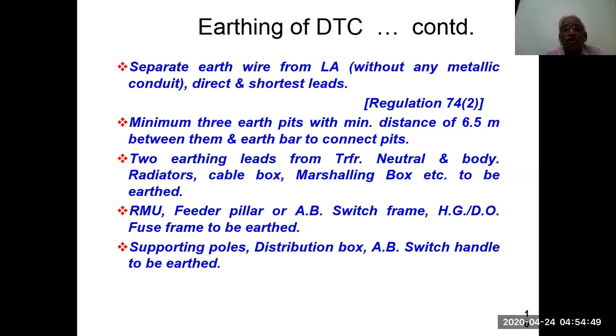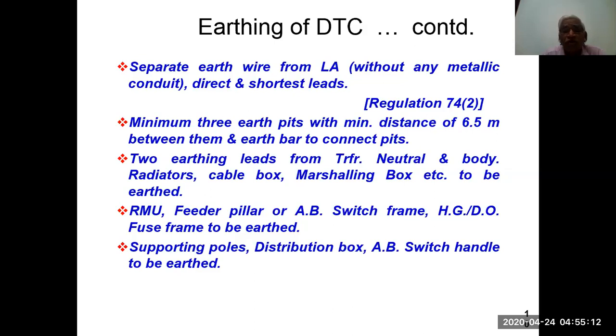Earthing of a DTC is continued through a separate earth wire from the LA without any metallic conduit. There is regulation number 74.2: minimum three earth pits with a minimum distance of 6.5 meters between them, and an earth bar to connect the pits. Two earthing leads from the transformer neutral and body.